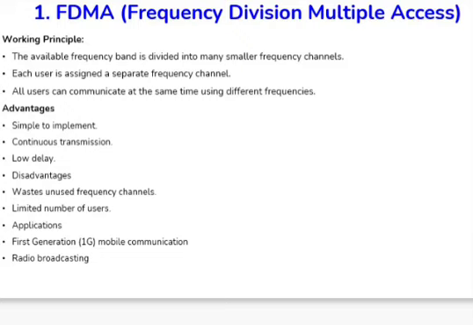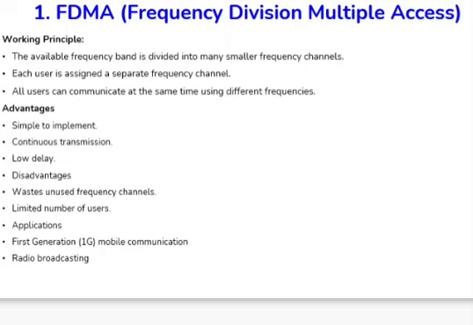Consider a highway with many lanes. Imagine a highway with four lanes. Car 1 travels in lane 1, car 2 travels in lane 2, car 3 travels in lane 3, and car 4 travels in lane 4. All the cars can travel at the same time without colliding because each has its own lane.